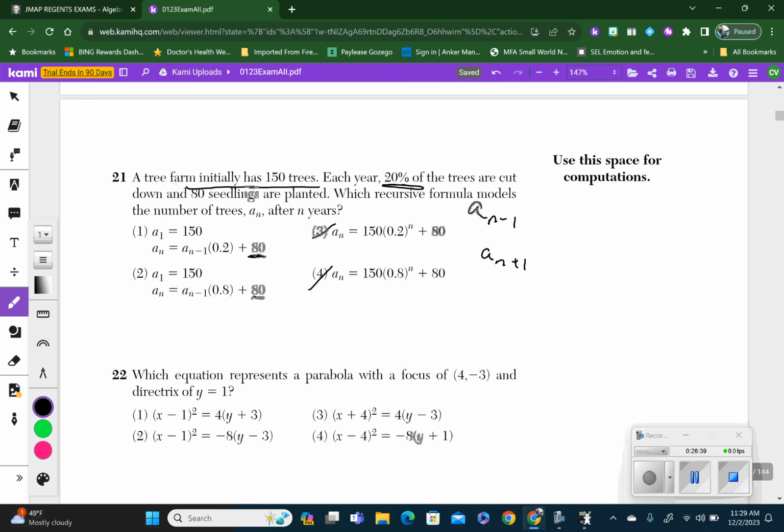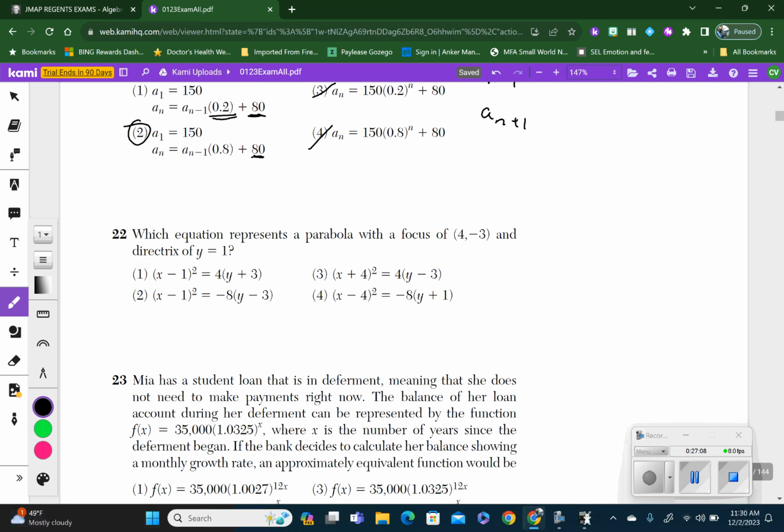So remember our formula of 1 minus r. 1 minus r is equal to 20%, which is 0.20. What number is going to make that true, right? To get to a dollar from 20 cents, you have 80. So r is equal to 80. That means our answer choice is 2. This is banking on the fact that people will not remember the 1 minus r thing. Yeah, all right. So this is similar to the question that we did in the beginning.